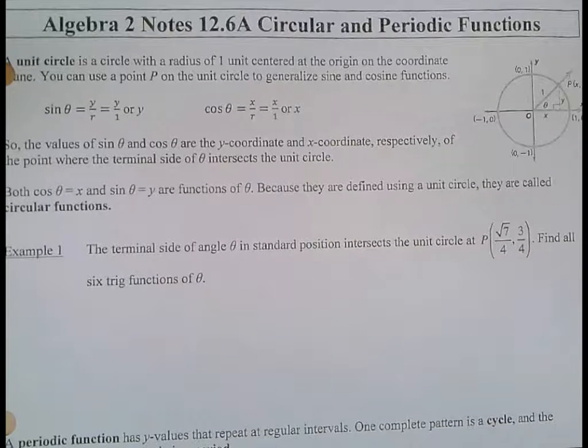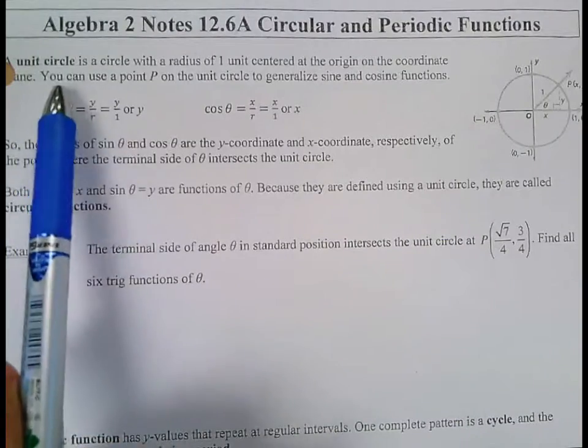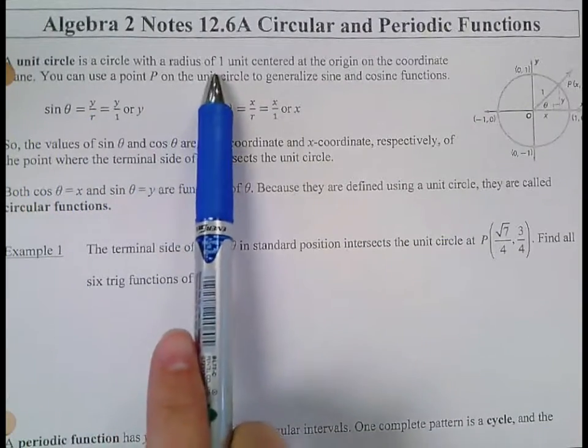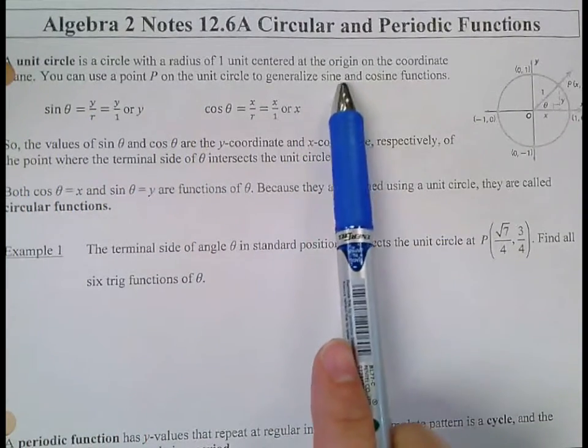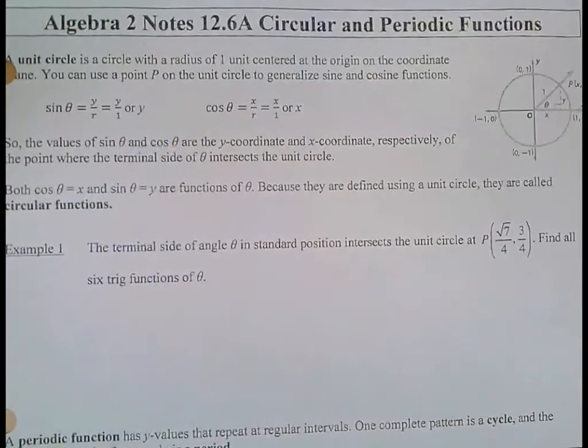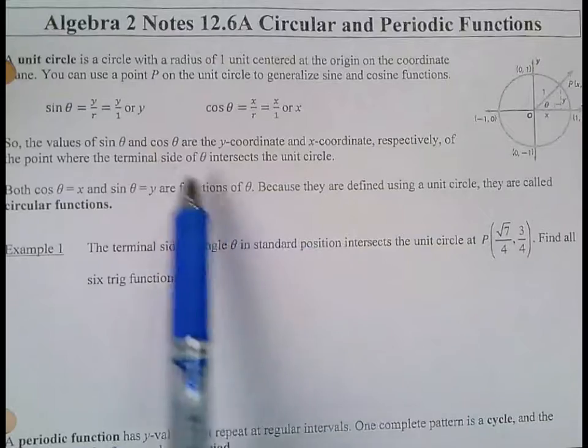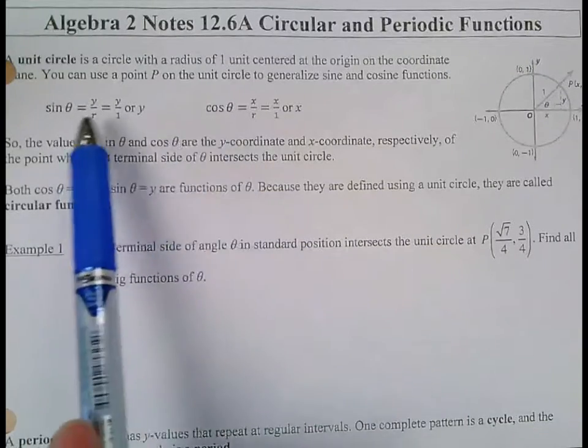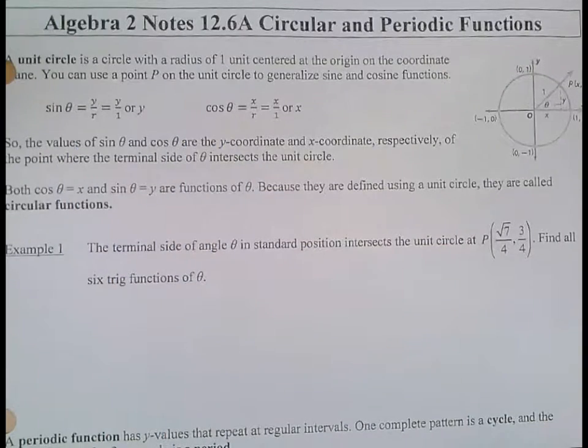So the unit circle that I had you fill out part of, we just filled out the common angle measures on it, but the unit circle is defined as a circle with a radius of 1 unit centered at the origin on the coordinate plane. And you can use a point P on the unit circle to generalize sine and cosine functions. So it explains what sine and cosine of theta are equal to there.